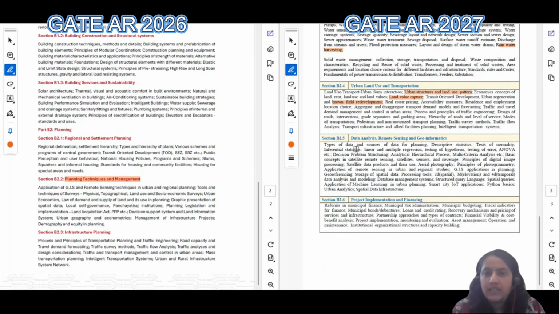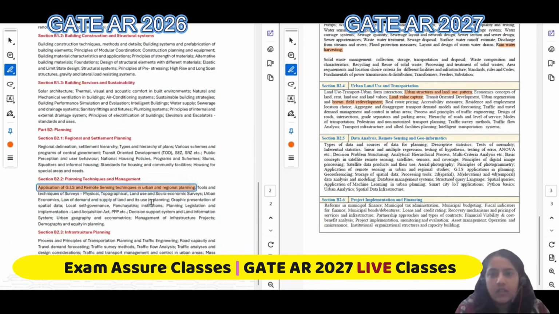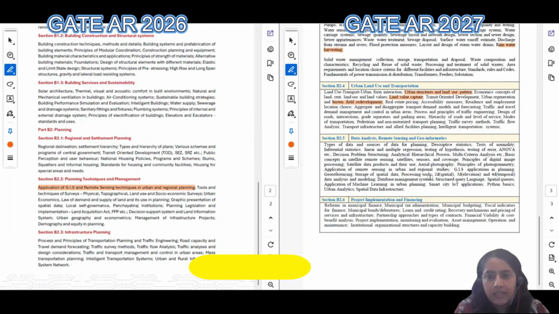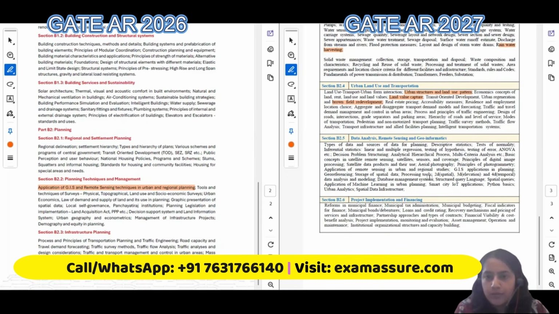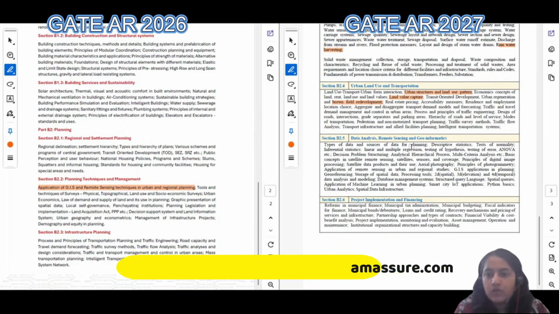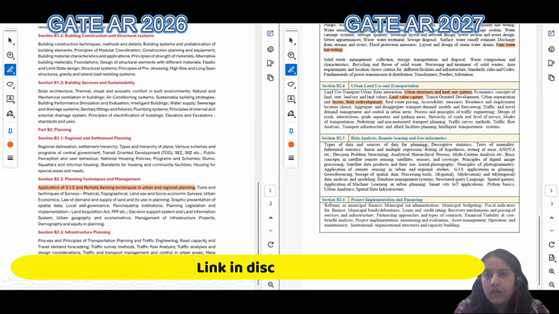Now coming to the next section, that is data analysis, remote sensing and geoinformatics. Now, if you see earlier in planning techniques and management of the previous syllabus, you had application of GIS and remote sensing techniques in urban planning as one single sentence that was mentioned. Now, this has been made a completely new section under planning of B2. So again, types of data and sources of planning, tests of normality.